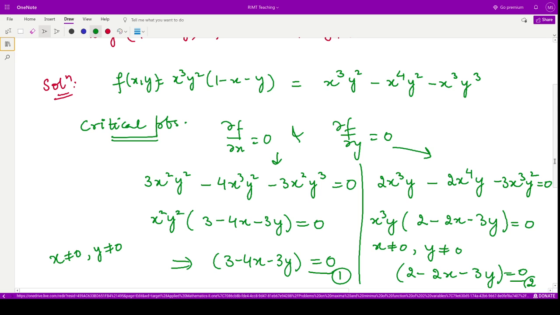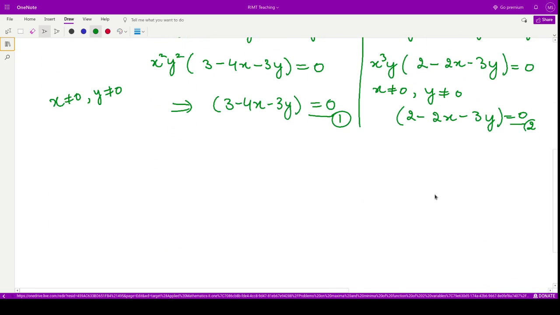Now the next step is to solve equation 1 and equation 2. When you subtract 1 and 2, you'll obtain 2x is equal to 1.